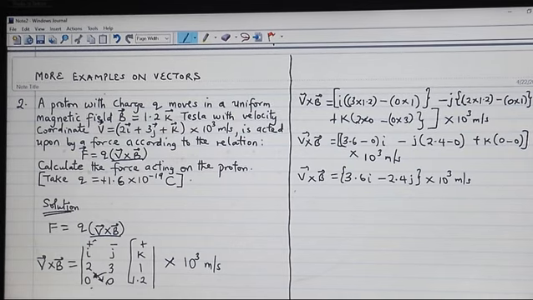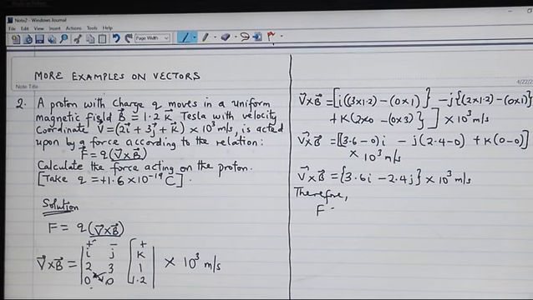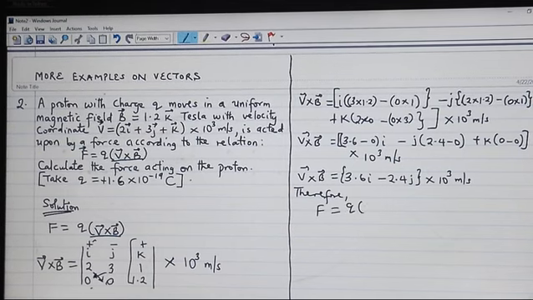Therefore, our force F is what? Q into V cross B. And we were given the value for Q as 1.6 times 10 to the power minus 19.